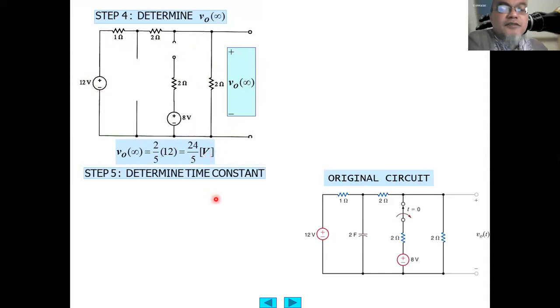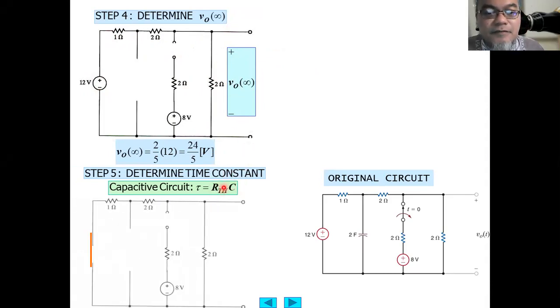We determine the time constant that is connected to the capacitor. First we determine the Thevenin equivalent resistance. Here we short circuit this voltage source, and this is open circuit.